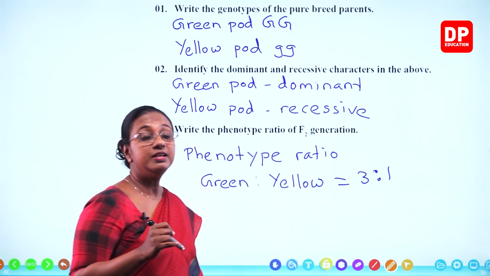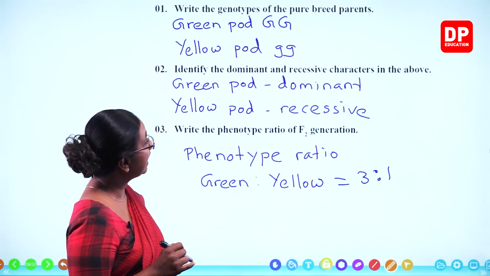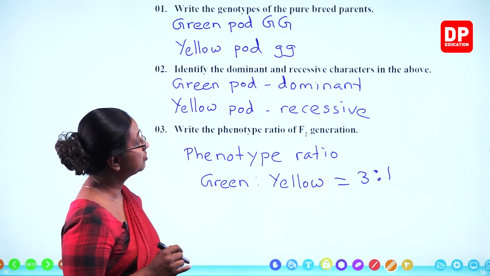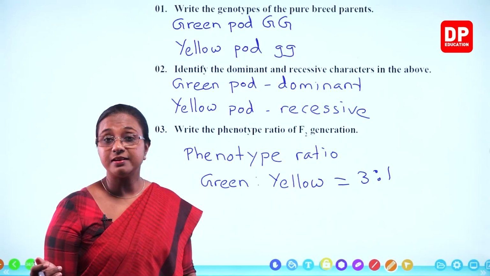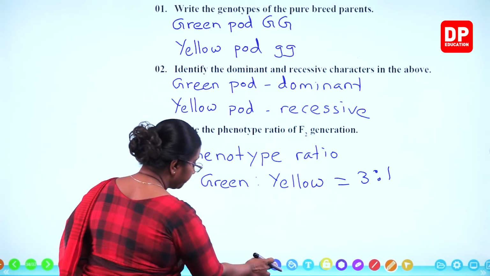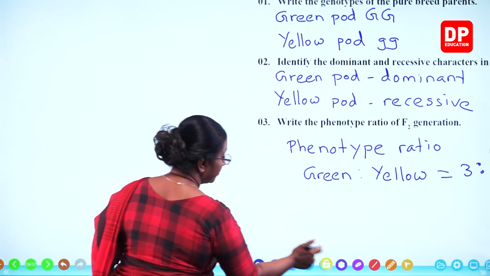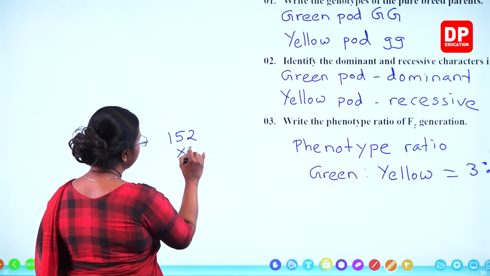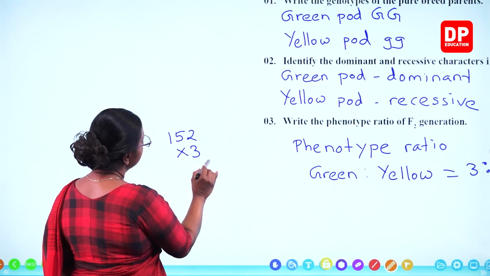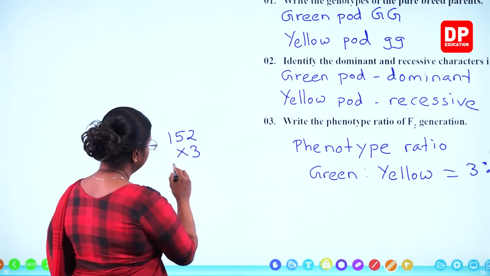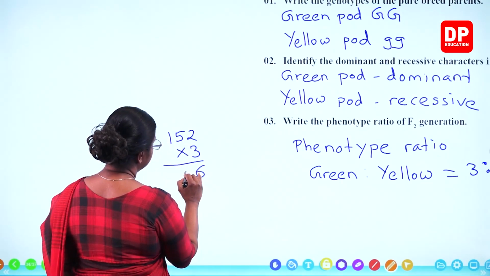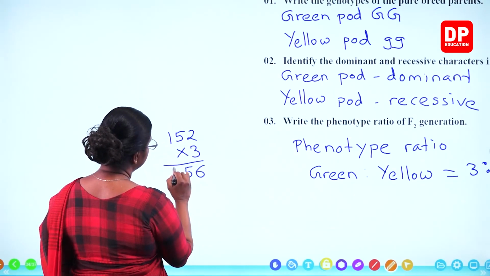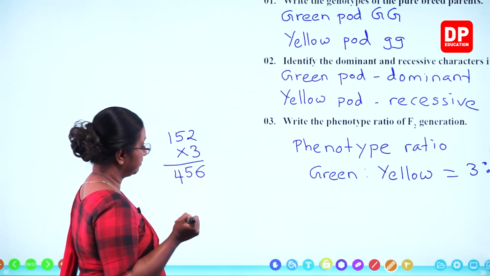Even if you divide 428 by 152, or if you just multiply 152 by 3, now if we try that, 152 multiplied by 3, because this is 1, so 3 times have to be green. 456.